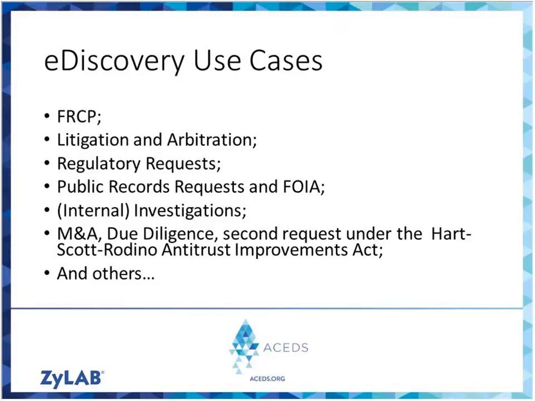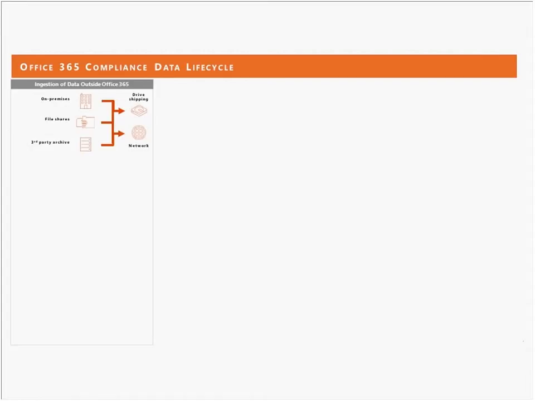So the handling of second requests is also a huge eDiscovery use case that we see, where we're also collecting a lot of information from mailboxes, and 365 is a major type of application.